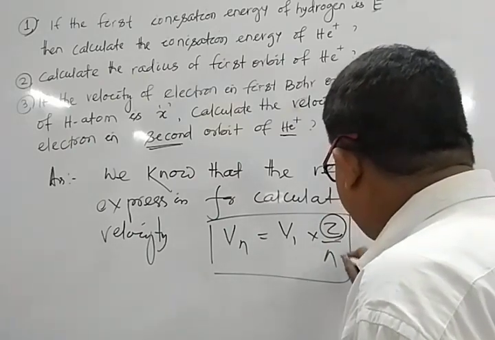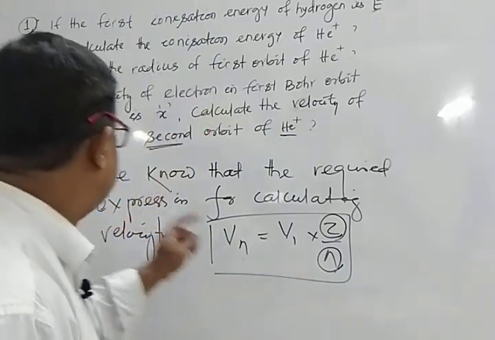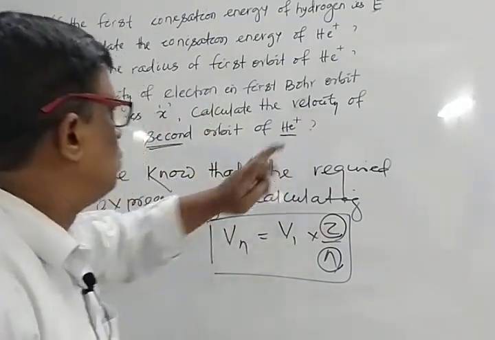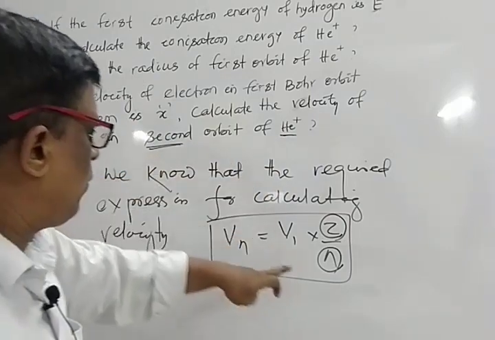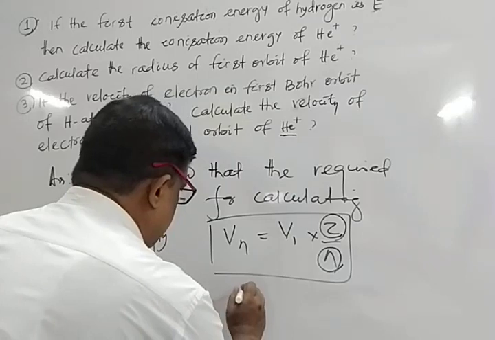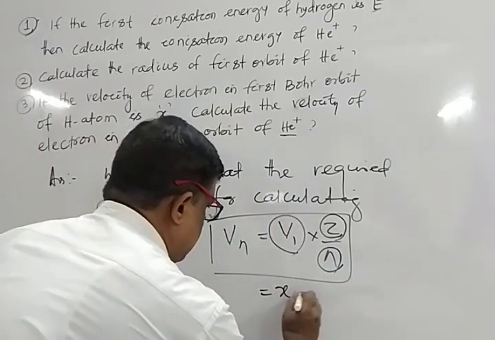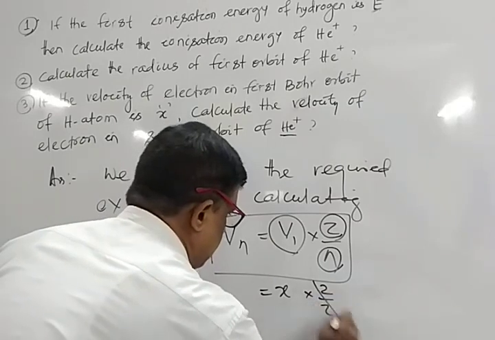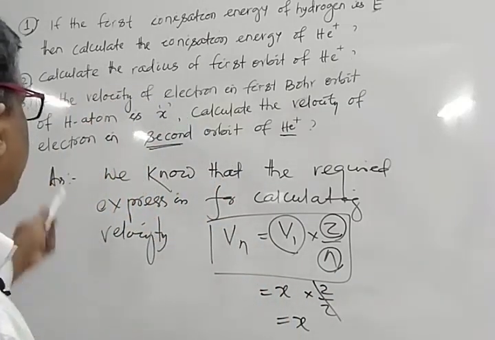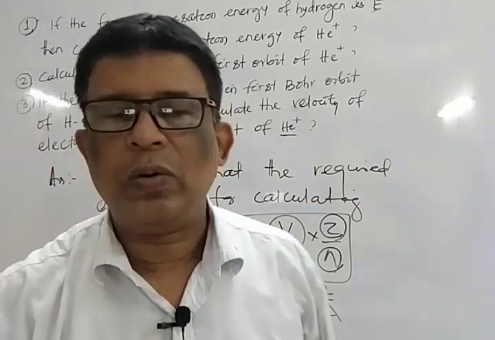Z is known as atomic number, n is known as the number of the shell. Here for helium, atomic number is 2, and for second orbit, n is equal to 2. By putting Z is equal to 2, n is equal to 2, and V1 velocity given as x, it is x into 2 by 2, cancel, is equal to x. That is, velocity of the electron in second orbit of He plus is equal to x.